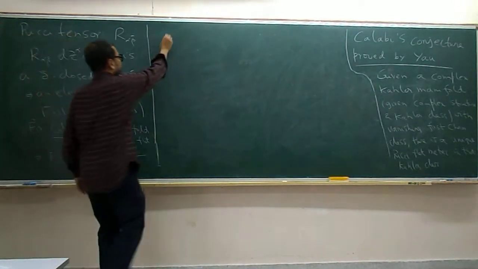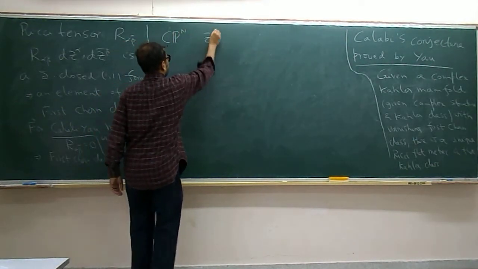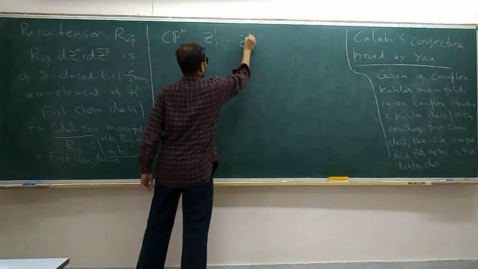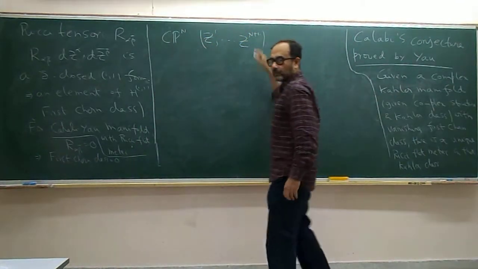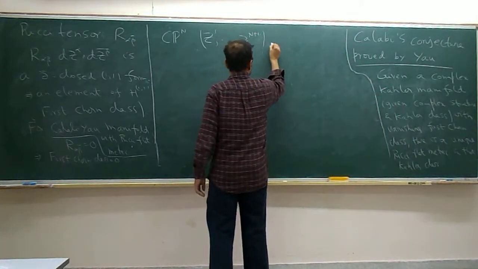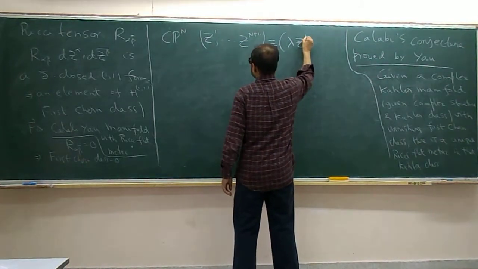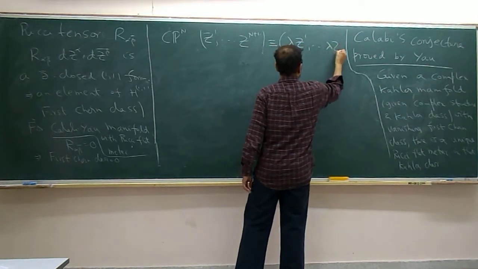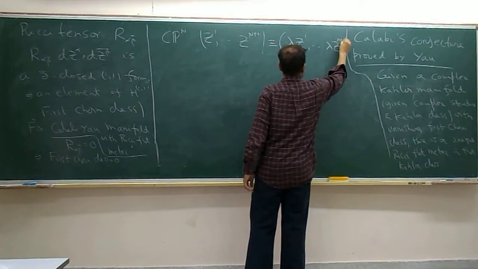So CPN is basically described by a set of n plus 1 complex coordinates, with the identification that (z1, ..., zn+1) is the same as (lambda z1, ..., lambda zn+1), where lambda is a complex number not equal to 0.